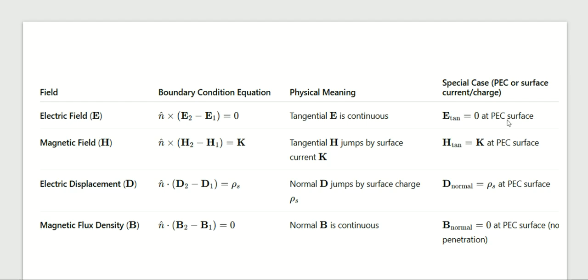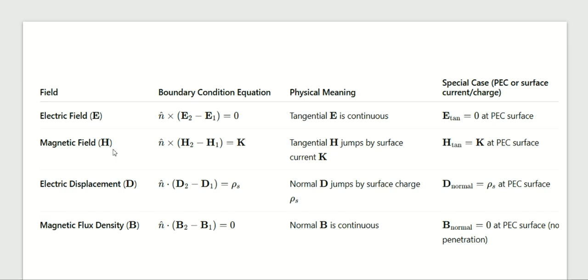You make sure it's at the surface, because at the core you get different values, and usually the electric field there is 0, so you don't care about it. So the tangential electric field is 0, constant at the surface of the conductor.